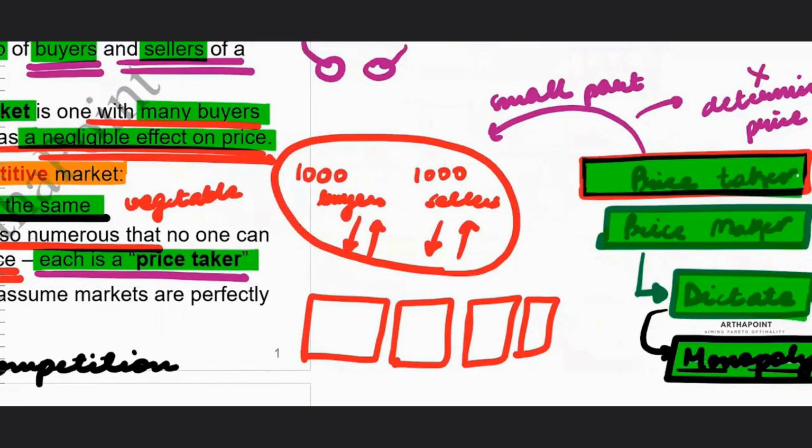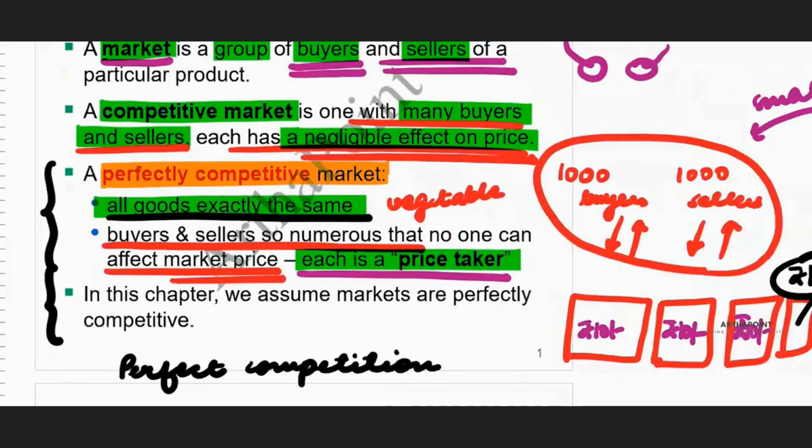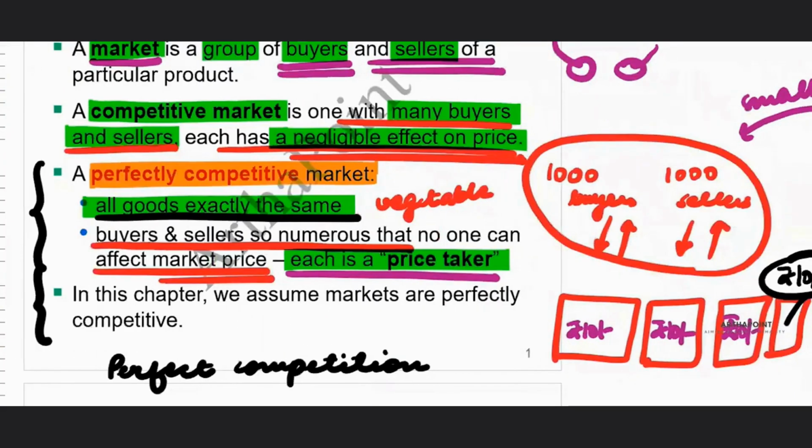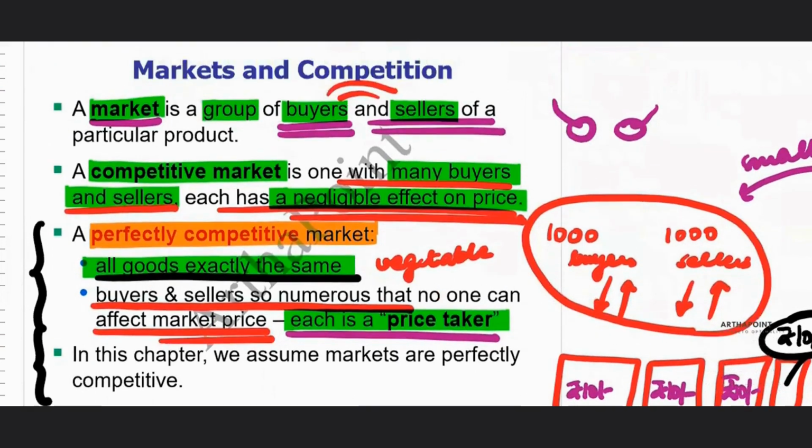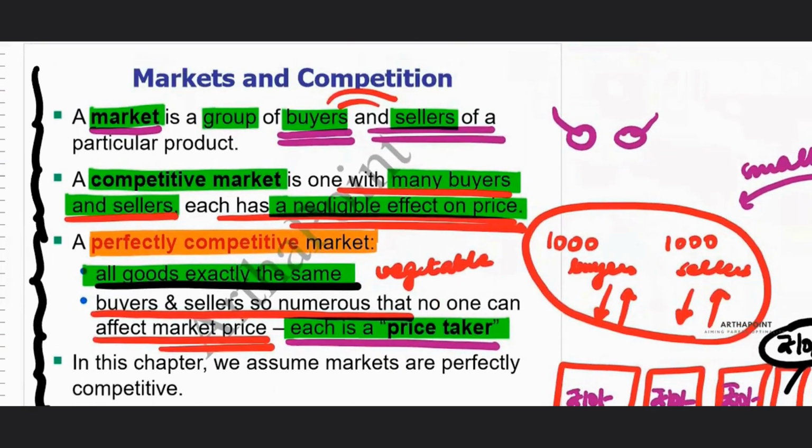So if everybody is selling tomatoes at ₹10 per kg, this new vendor that will enter the market will also sell at ₹10 per kg. He will not have his own say in determining what price will exist in the market. All throughout till the very last, one of the last chapters that I do in my basic microeconomics is going to focus on monopoly.